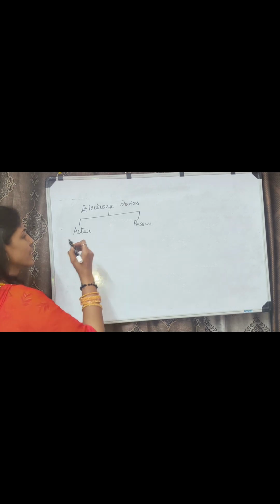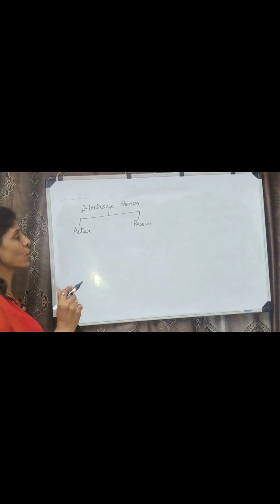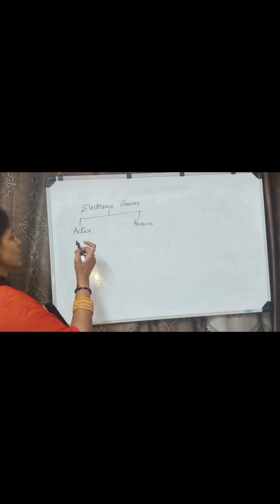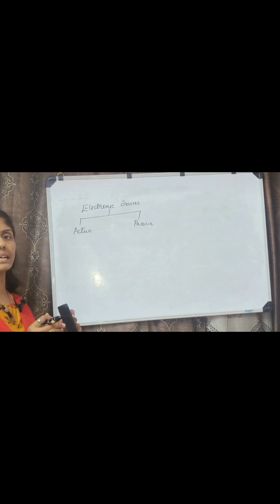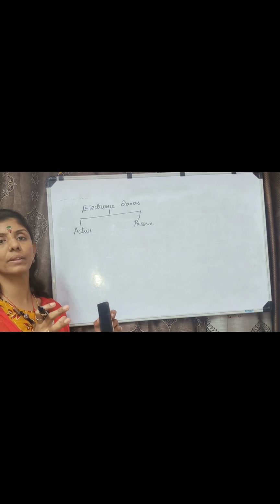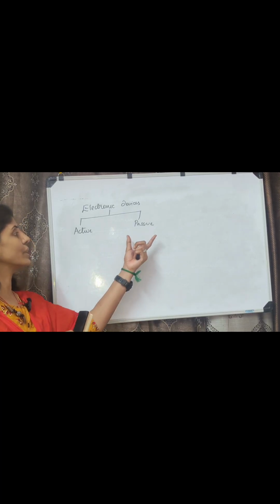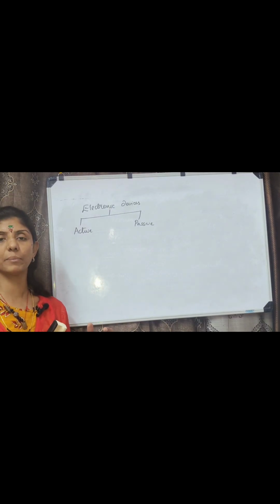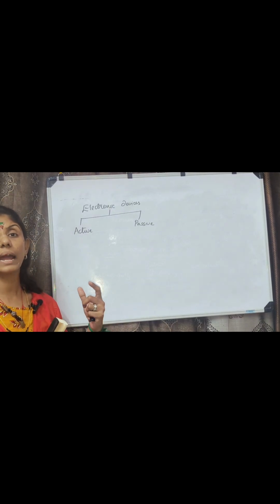From the words themselves, you can understand what an active device and a passive device may be. An active device is a device which provides action or activity in the particular circuit. A passive device will be available in the circuit, but it can't activate the circuit.